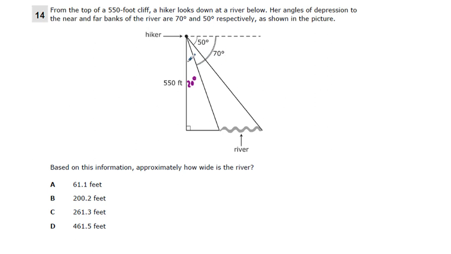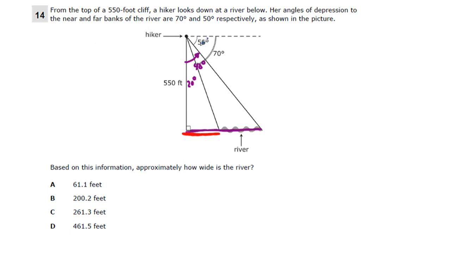And this piece here that I'm drawing in purple is going to be 40 degrees. What we're interested in is the side of this big triangle minus this side I'm drawing in red. We will get the width of the river.